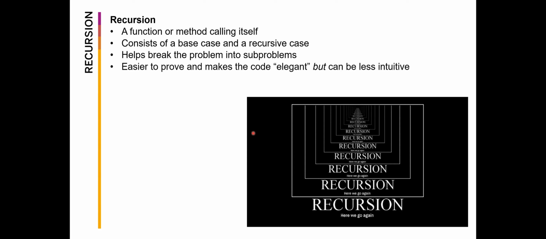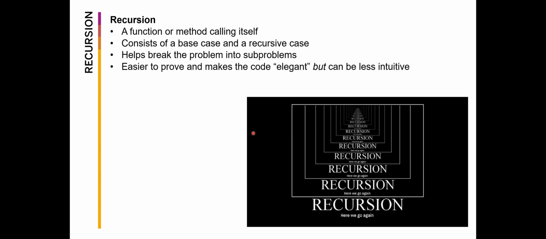If you want to look at the code to say if it's correct or not, it makes the code elegant. It helps the programmer understand what is happening, but it can be less intuitive.